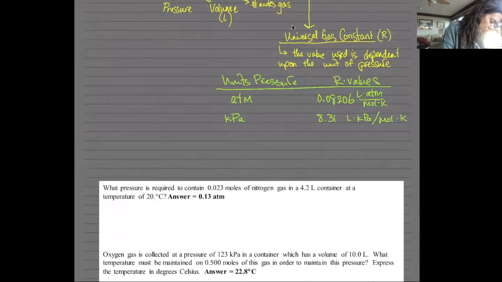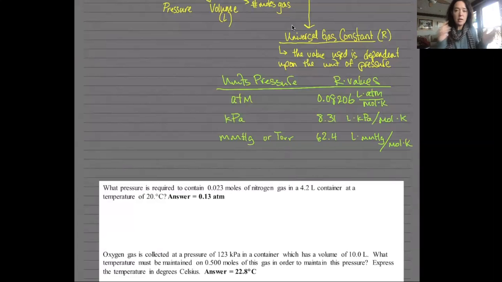If your unit of pressure is in millimeters mercury or torr, remember they are the same, your value for R will be 62.4, and that will be liters mmHg, millimeters mercury, per mole Kelvin. And it's as simple as that. You just plug in. Notice you're solving for moles. So you can then relate moles to mass, or you could be given mass and need to relate your mass to moles in order to use the equation.